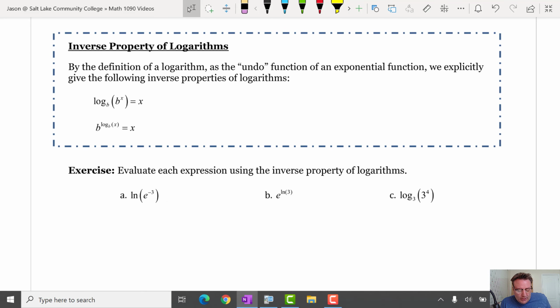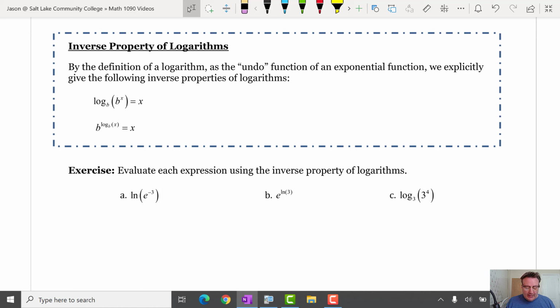I've already mentioned that exponentials and logarithms are inverses of each other. So by the definition of a logarithm as the undo function of an exponential function, we explicitly give the following inverse properties of logarithms. Okay, so what we're doing here in this box is we're composing together logarithm base b with exponentiation base b.